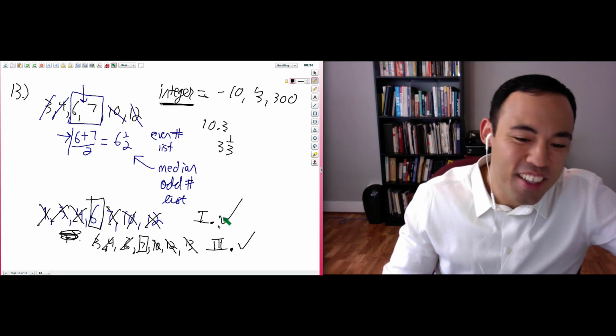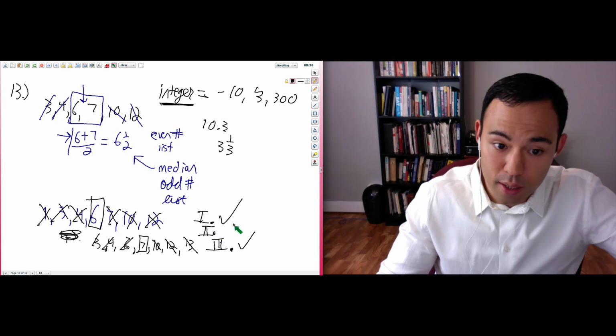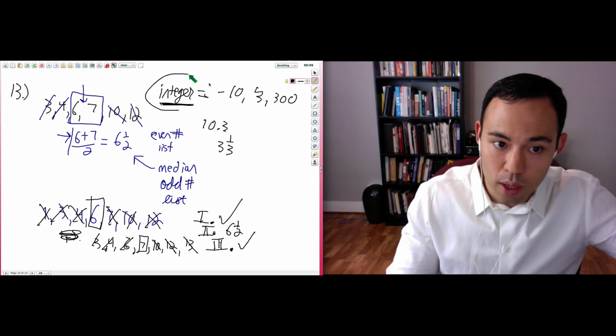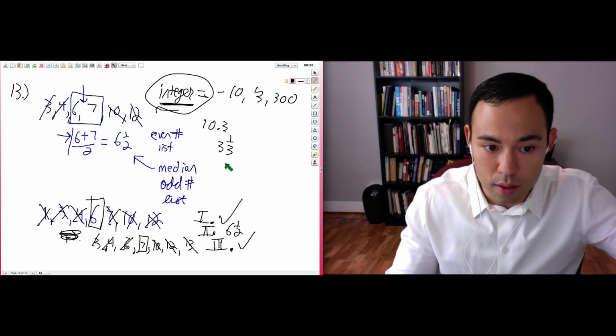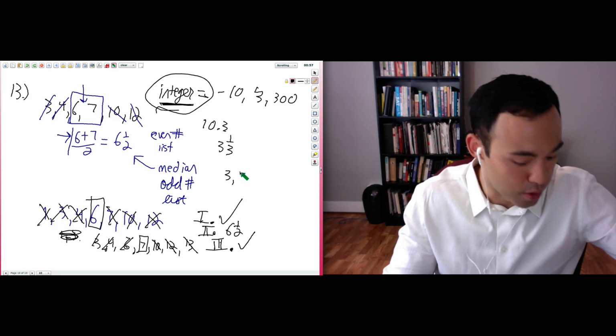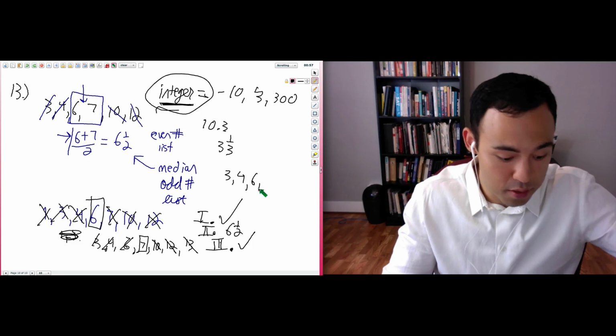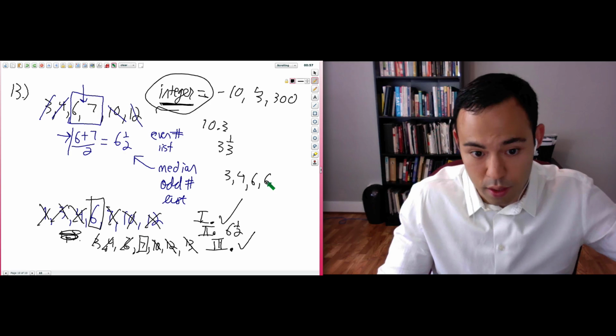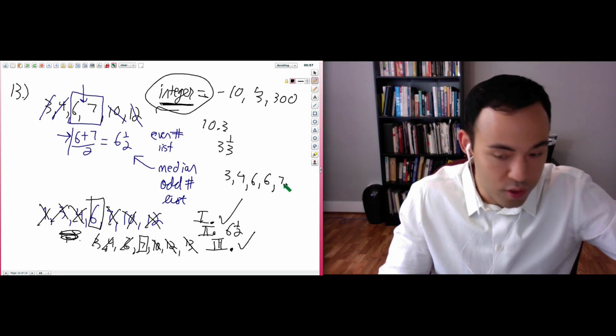And so now let's look at assertion number 2. It says 6.5, which is the original median. But whatever we add is an integer. Let's add 1 to the middle of the list. 3, 4, 6. Let's say n is 6. It can't be 6.5. That's critical. It's an integer. And then 7, 10, and 12.